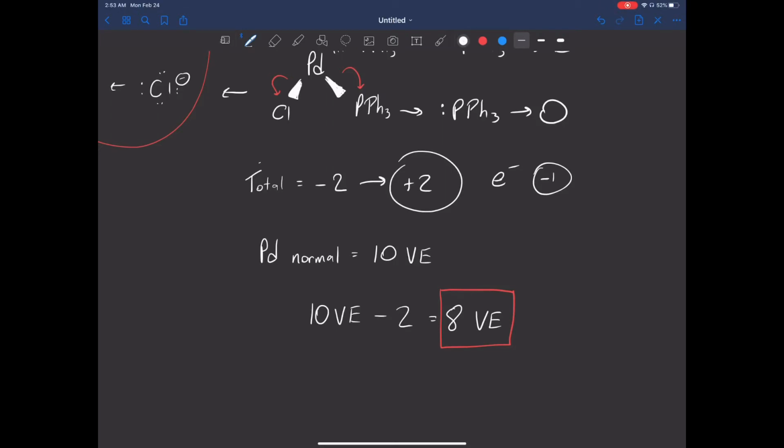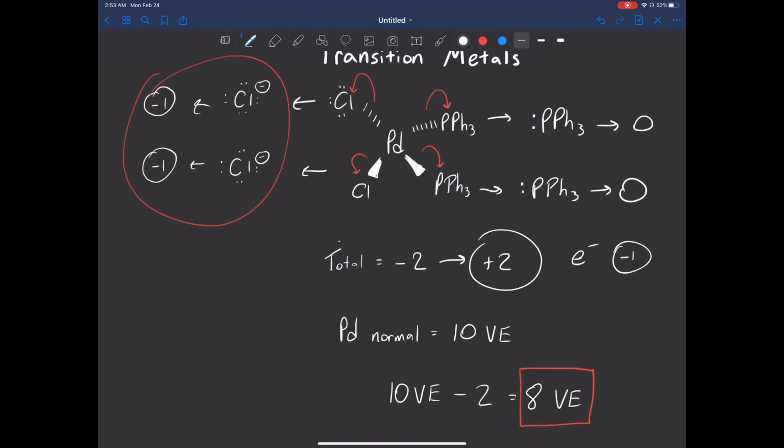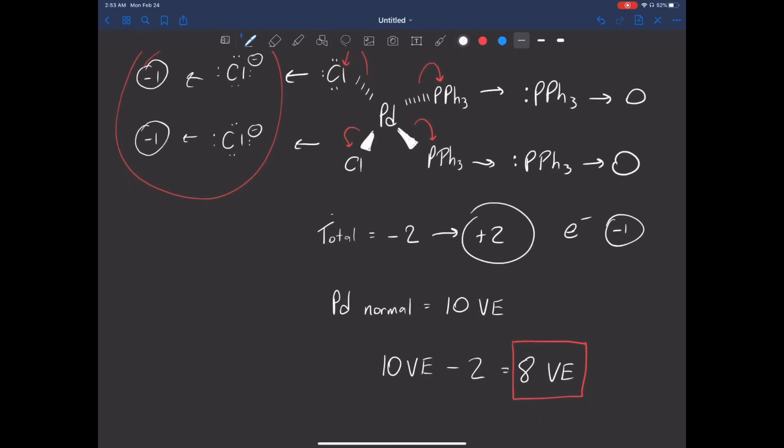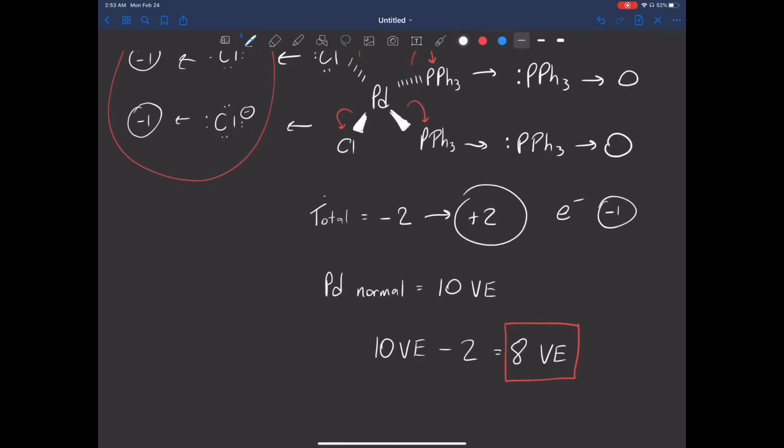And so you have to keep this idea in mind, that certain ligands can change our oxidation states. The ligands that change our oxidation state are going to be these anionic, negatively charged ligands. And so we can use this trick of dissociating those bonds, putting it back as a lone pair to figure out which of our ligands are neutral and which of them are negative.